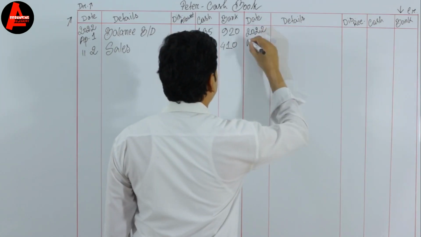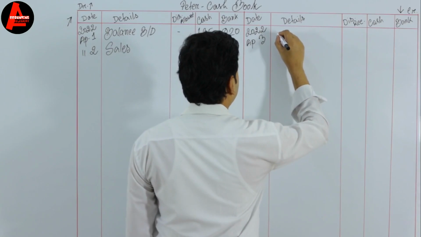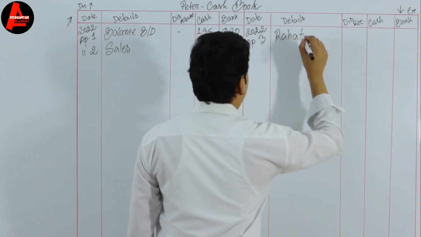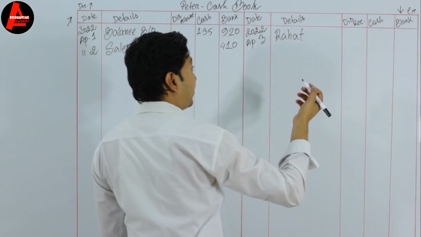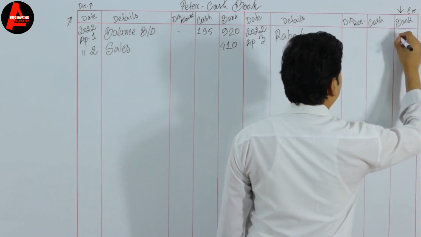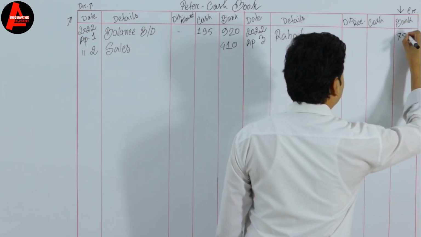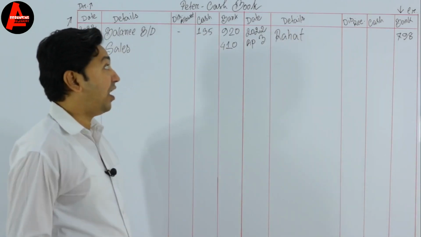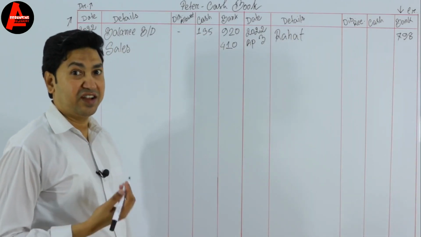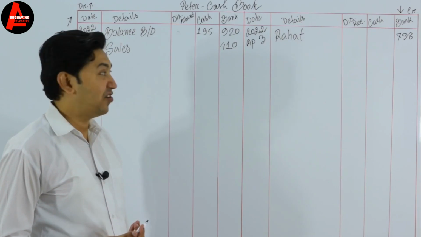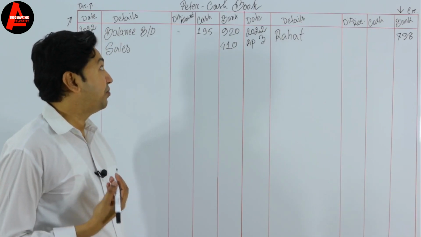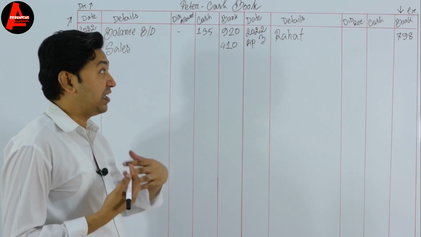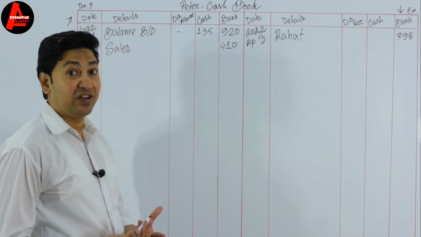2020, April 3. We will write here Rahat, and the money is paid 798. Okay, but Rahat owned $840. So business, Peter is the business, he received $40 discount.